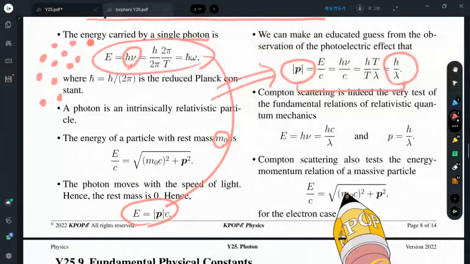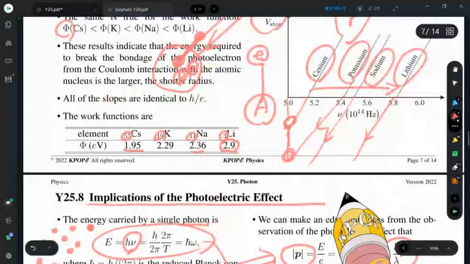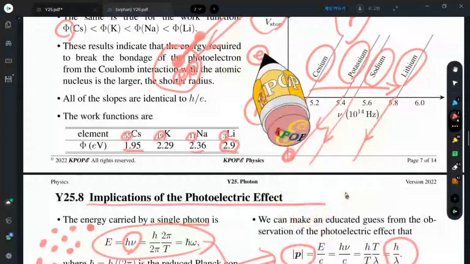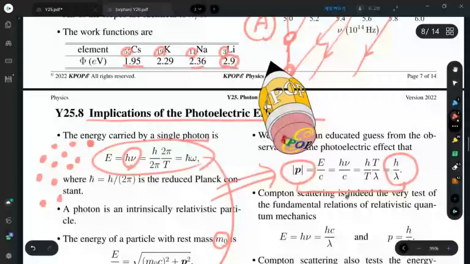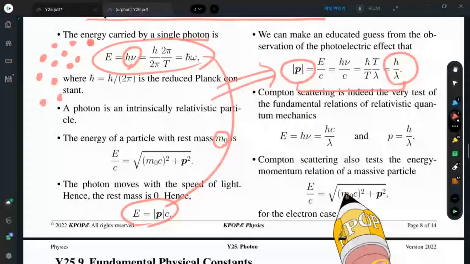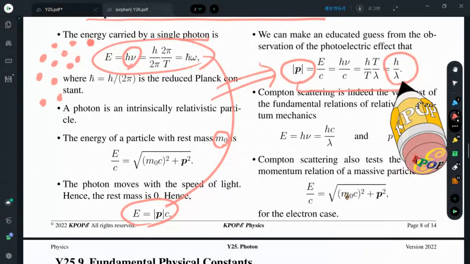After the photoelectric effect that measured the work function, the binding energy of an electron trapped to an atom, people increased the energy of the incident electromagnetic field. For example, X-ray has a shorter wavelength, and using this large momentum or large energy incident photon, they studied the relativistic nature of electron too.